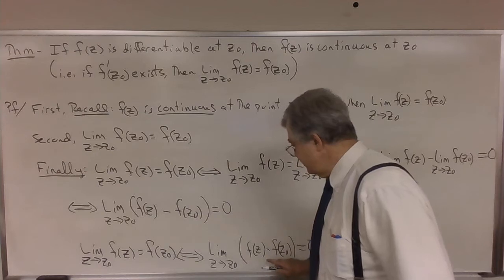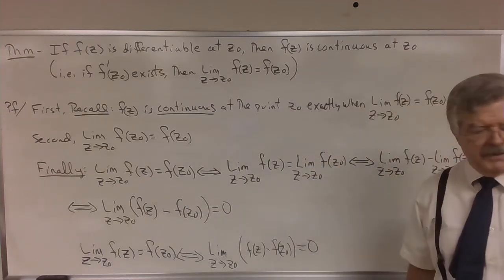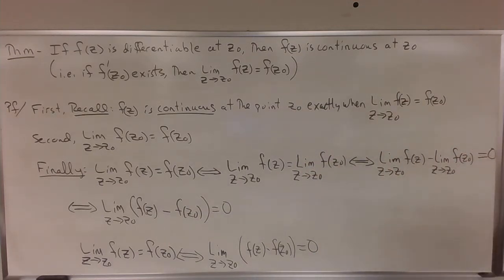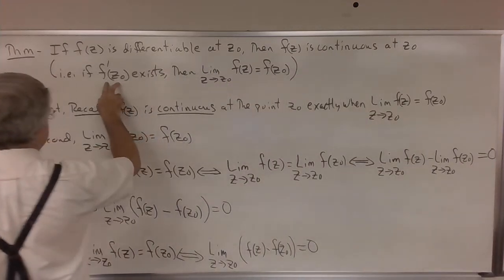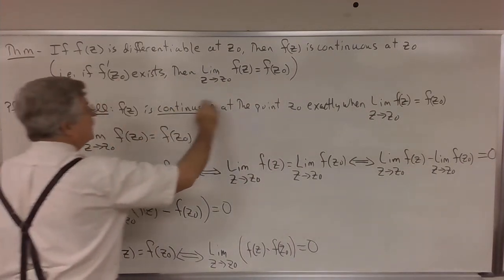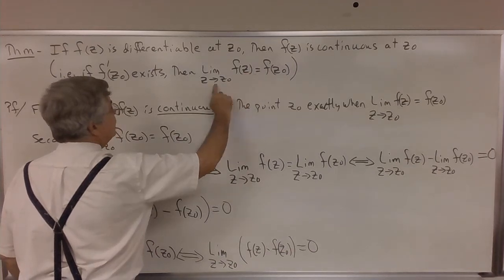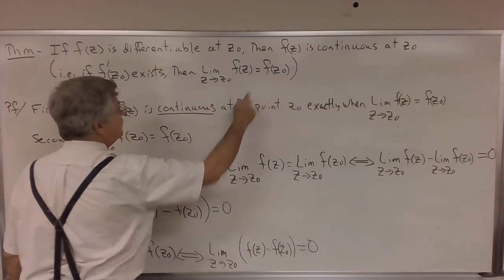These two things are the same. So we got our preliminaries out of the way. And what we're going to prove is if the derivative f prime of z naught exists, then the limit of f of z equals f of z naught.